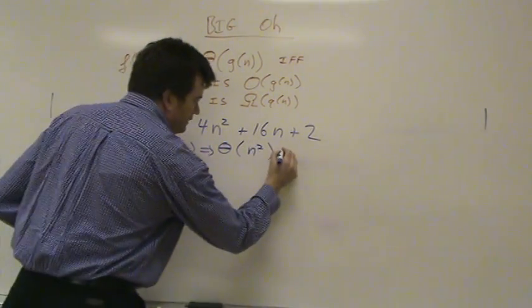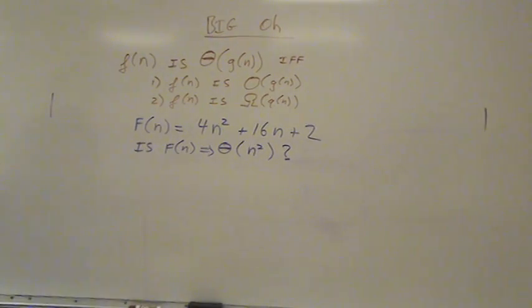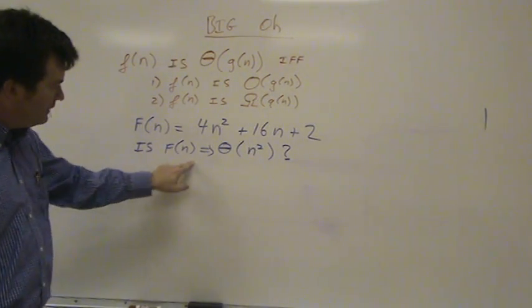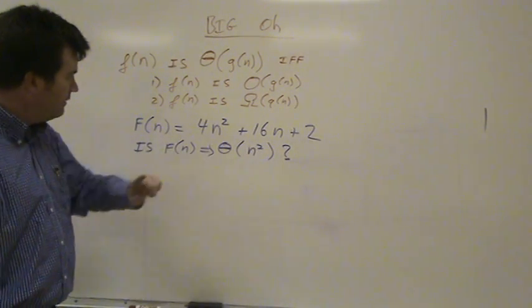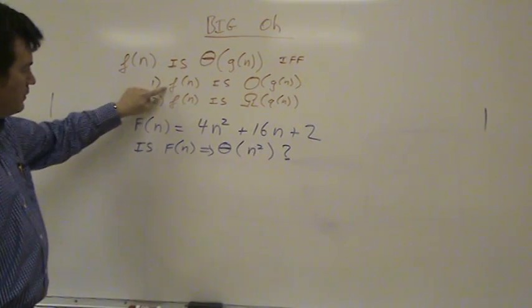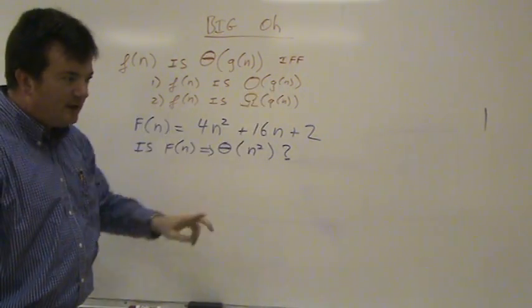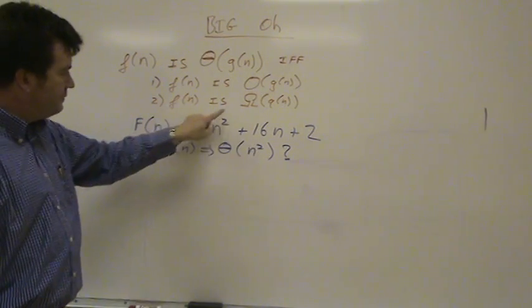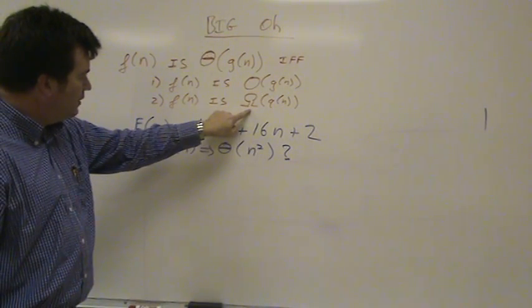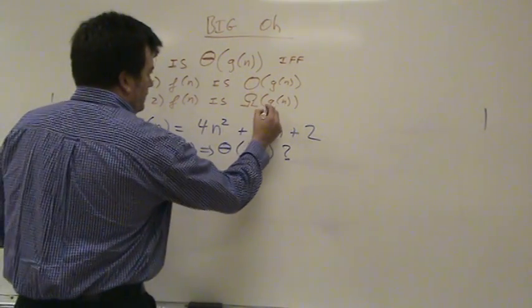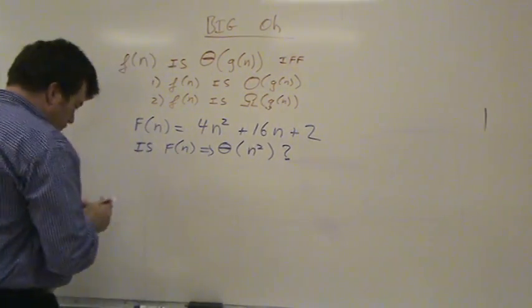That's the question that's on the table. In order for f of n to be theta of n squared, two things have to be true. Number one, it has to be big O of n squared, and also it has to be omega of n squared.